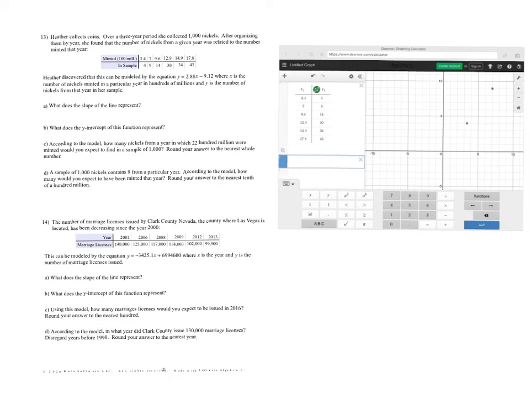Talking about our linear equation, the y equals mx plus b. And so it's pretty safe to assume that you're going to be using that one for your regression model. Otherwise, we would need to do like we did before and compare our R values and see which one is best, whether it's linear or exponential. But this one, it's safe to go ahead and assume linear, so I'm going to go ahead and do that.